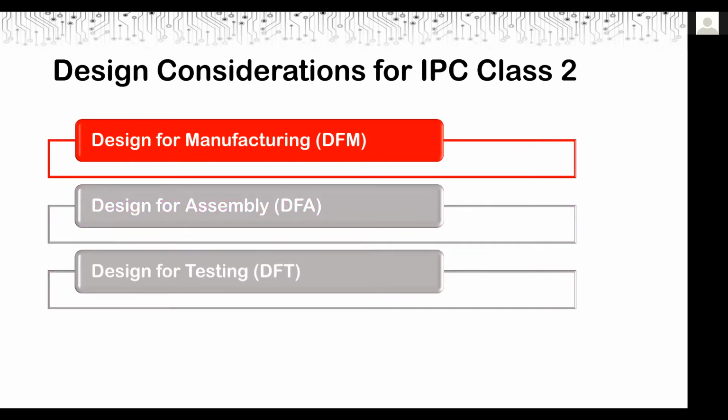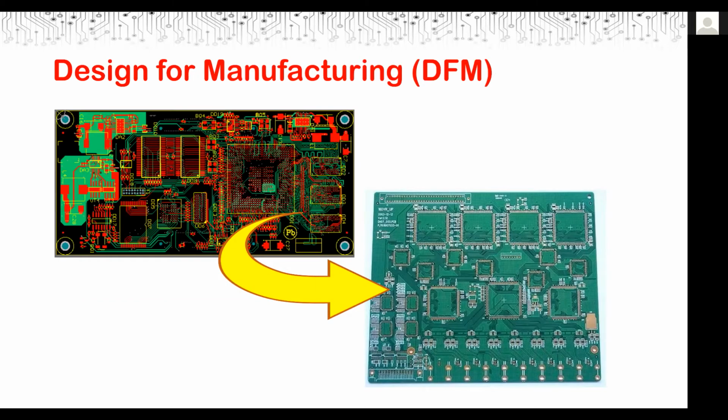First, design for manufacturing. Of course, when you design a layout, you would want to get the physical board. Design for manufacturing ensures that your PCB layout design is manufacturable, able to be translated from a design into an actual printed circuit board.